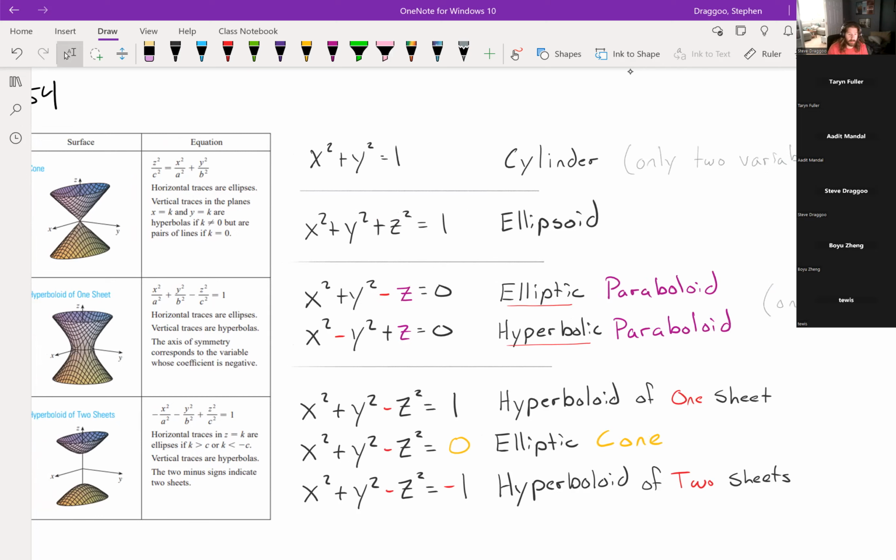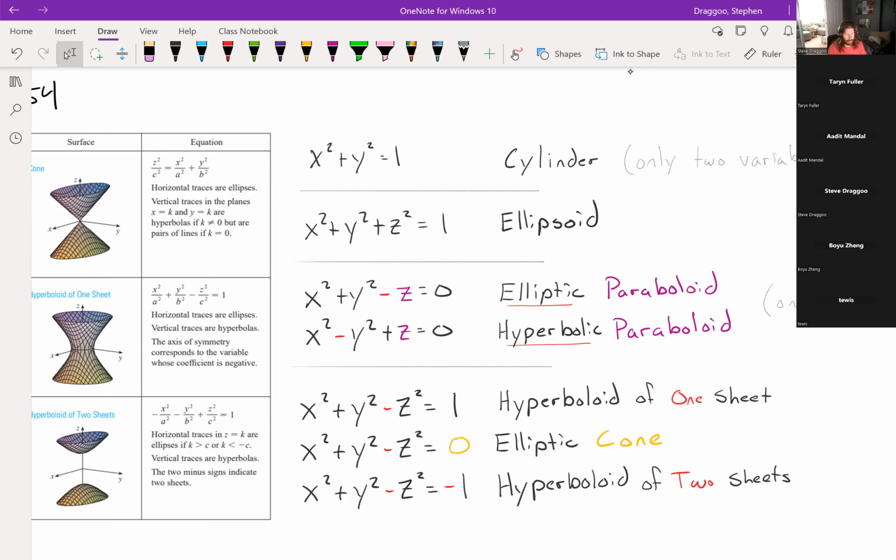But if I look at my x squared plus y squared and I get a negative number, I'm going to have some section of my surface that's not going to exist. I'm going to have some error that's going to come up. So if x squared plus y squared is equal to -1, I've got a circle with an imaginary radius, which means there's part of the graph where the surface just won't exist.